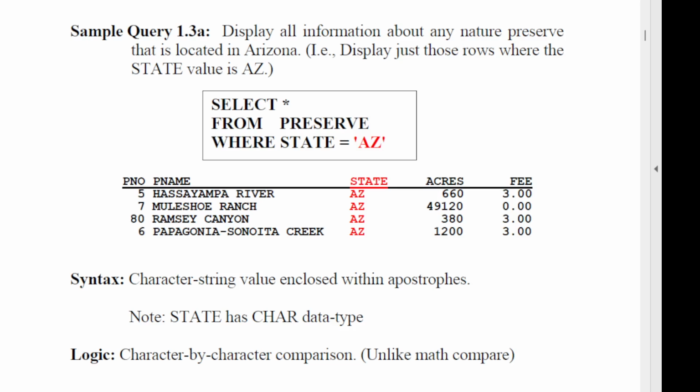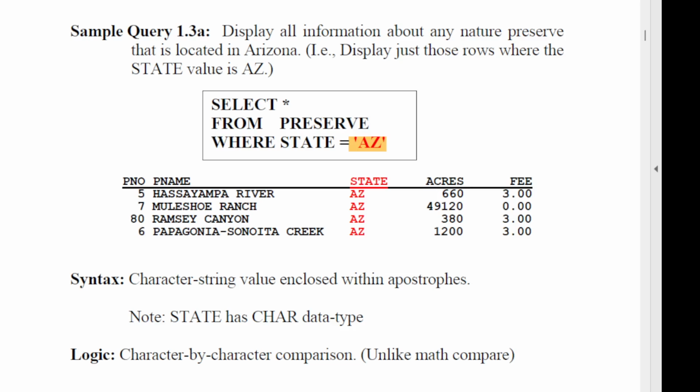We say where the state column is equal to AZ. We bring to your attention that AZ are in uppercase because the data is stored in uppercase, and it's enclosed by apostrophes, not quotes. Forgive me when I say quotes, I'll be getting sloppy if I do that. When you have a character string, it's enclosed in apostrophes.